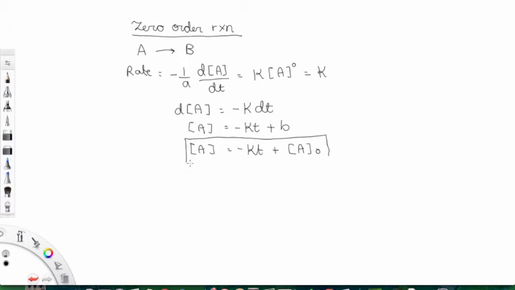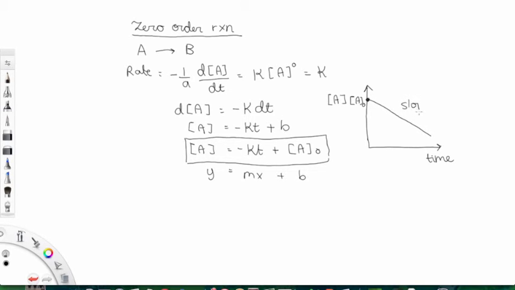This is the integrated zero order rate law, and we can plot it since it's in the form of y equals mx plus b. It looks very similar to the first order plot, just with a different y-axis. We have time here, and here we would have the concentration of A. There's a point where the y-intercept occurs, which is A at time 0, and then it's a negative slope, where the slope equals negative k.